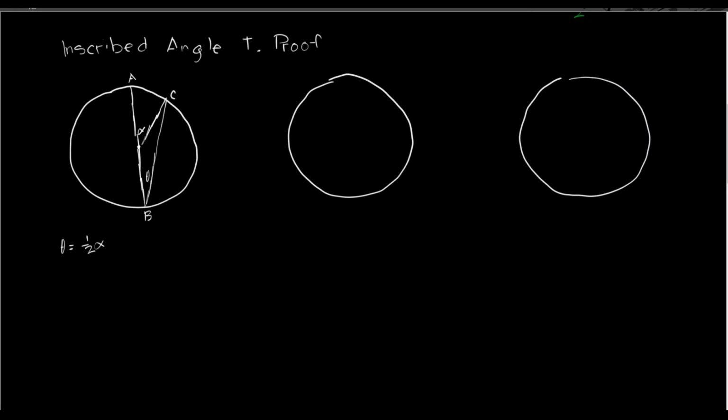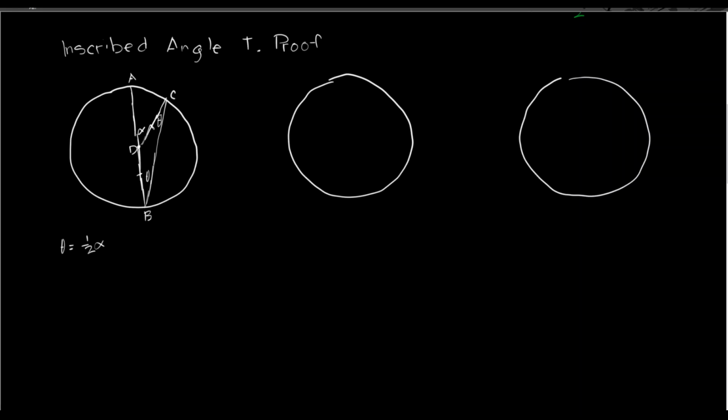Let's add some more points, maybe C and D, and let's look at triangle DBC. Let's notice that angle CDB is a central angle. So therefore, these two arms, since they both are the radii of the circle, they must be equal. And if they're equal, it means that the triangle is isosceles. And if it's isosceles, it means that angle DBC must be equal to angle DCB.